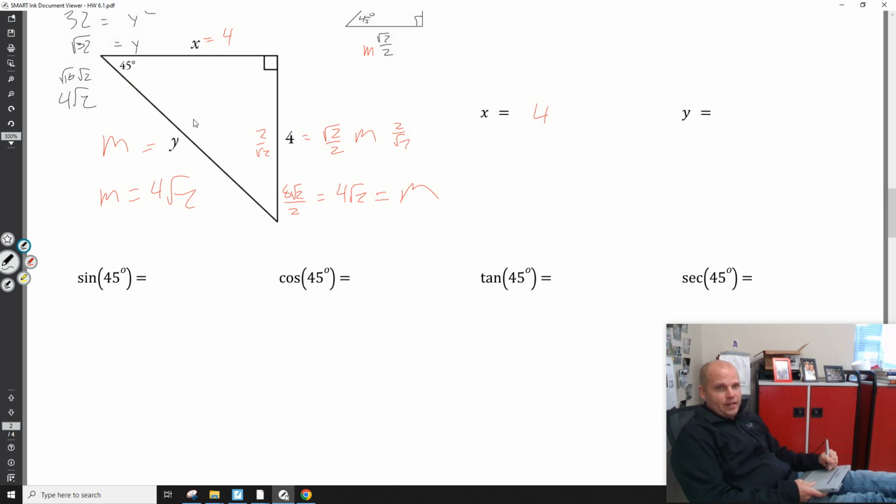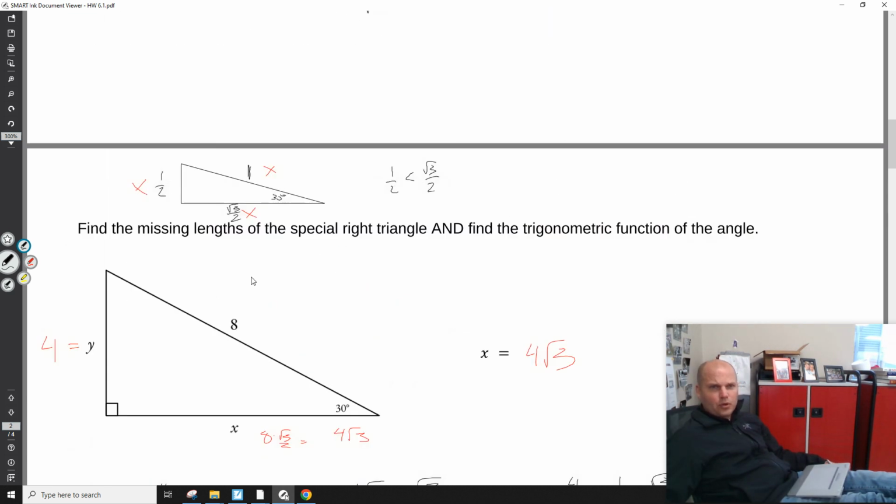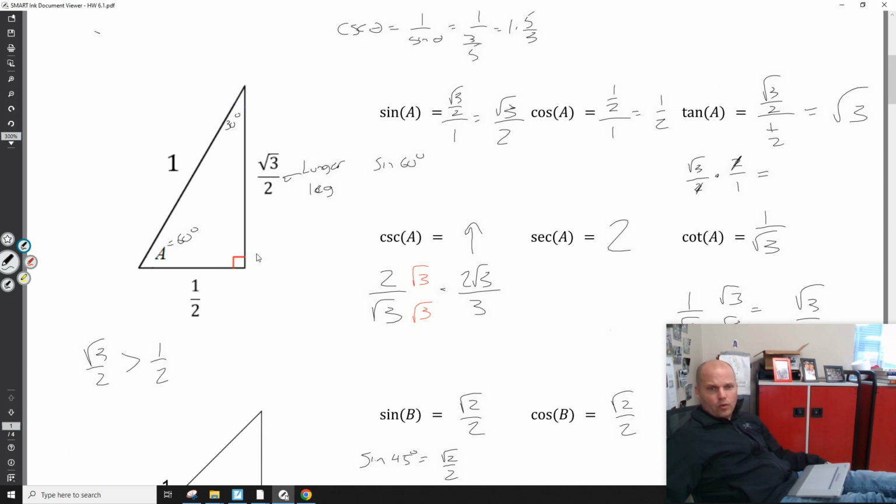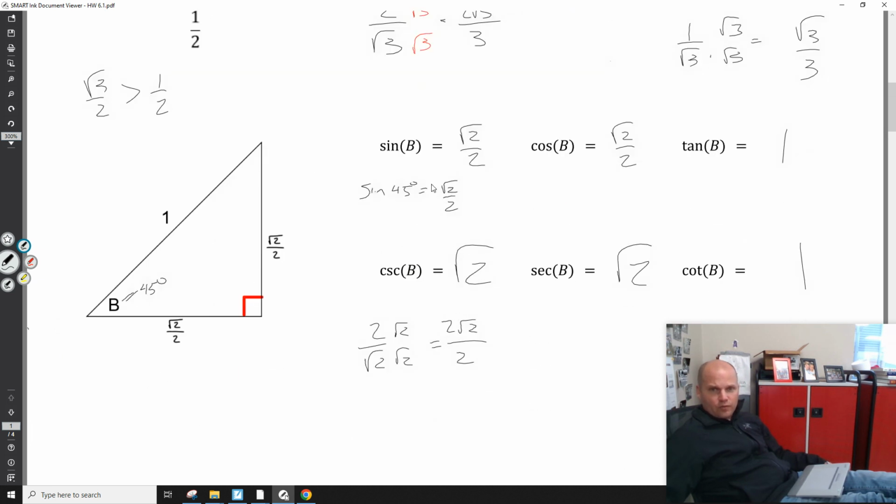Here, sine is opposite over hypotenuse. 4 over 4 root 2 is 1 over root 2 is root 2 over 2. Oh, we saw root 2 over 2 on the previous page for the sine of 45 degrees.